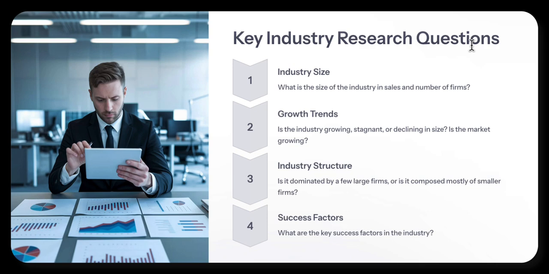So they are dominated by a few large firms. If you go into an industry that's dominated by very few large firms, you're going to have a very difficult time to make noise in that industry. But if you go into an industry that's composed of mostly smaller firms, it may be easier for you to get into that market.